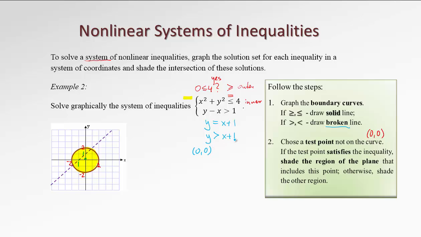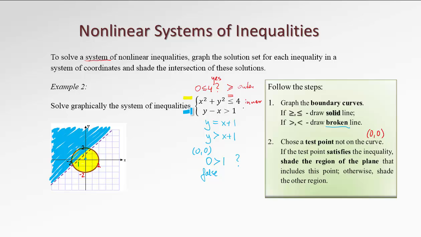So when I plug into the inequality, I end up with 0 bigger than 0 plus 1, which is 1. Is that true or false? Obviously, this time it's false. So that means that the region that contains this point, this half plane, does not contain solutions. Therefore, the solution set to this inequality is the other half plane, but without the border. So the border is a broken line here.